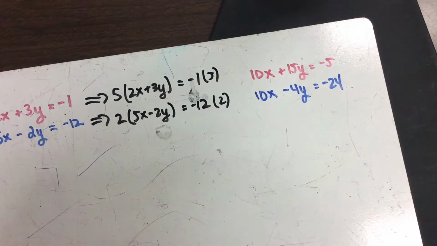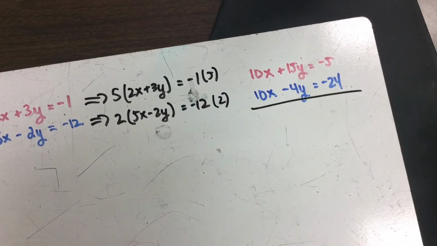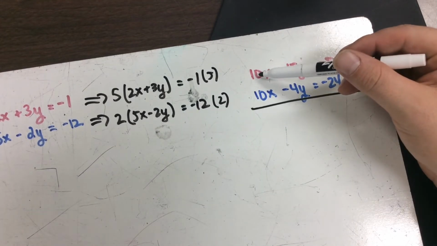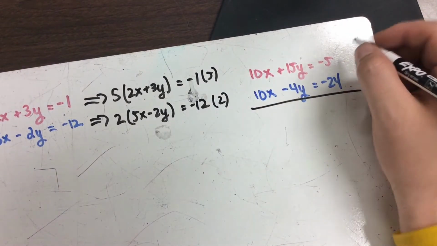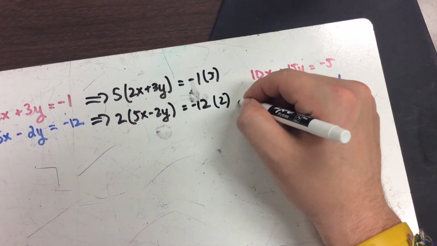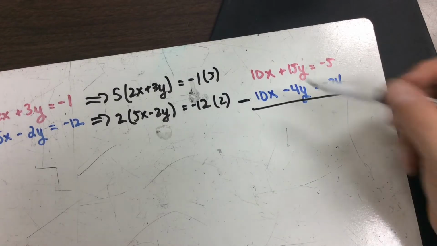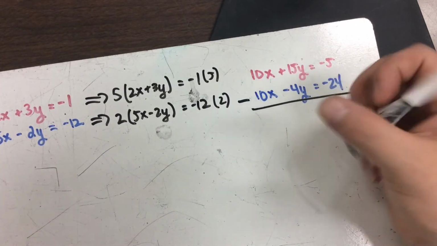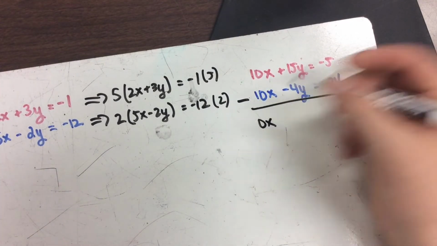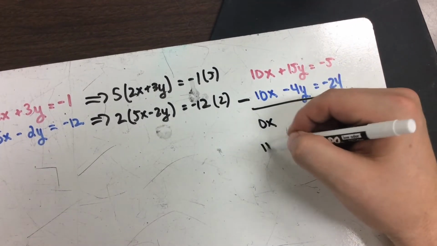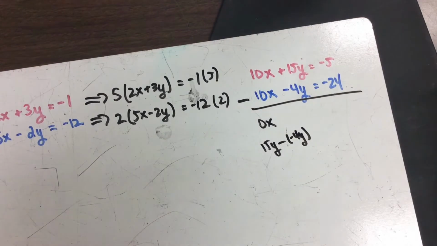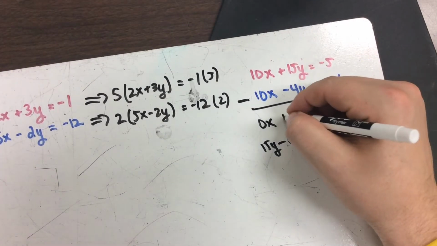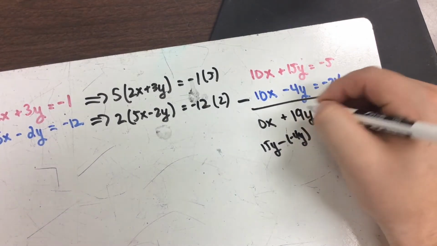Now that I have x's that match, I can eliminate the x's. I'm going to draw a line under, and I'm going to ask, how can I get 10x to eliminate 10x? The operation I'm going to choose between addition and subtraction is going to be subtraction. I'm going to say 10x minus 10x is 0x. 15y minus -4y is going to give me 19y positive.